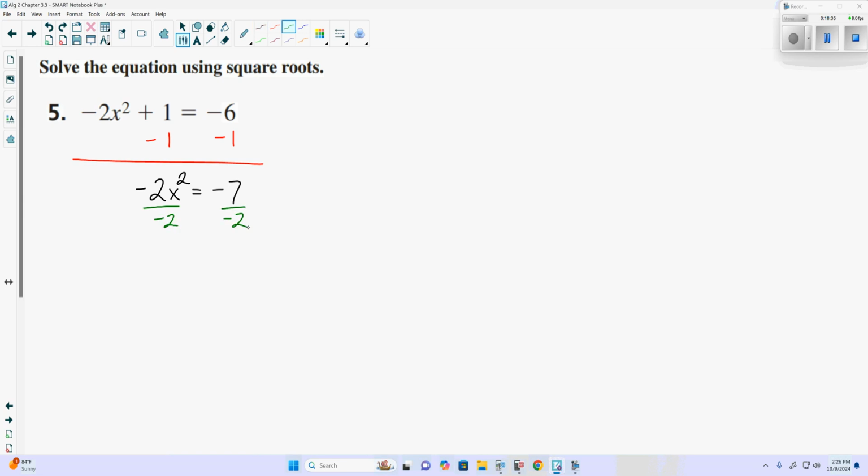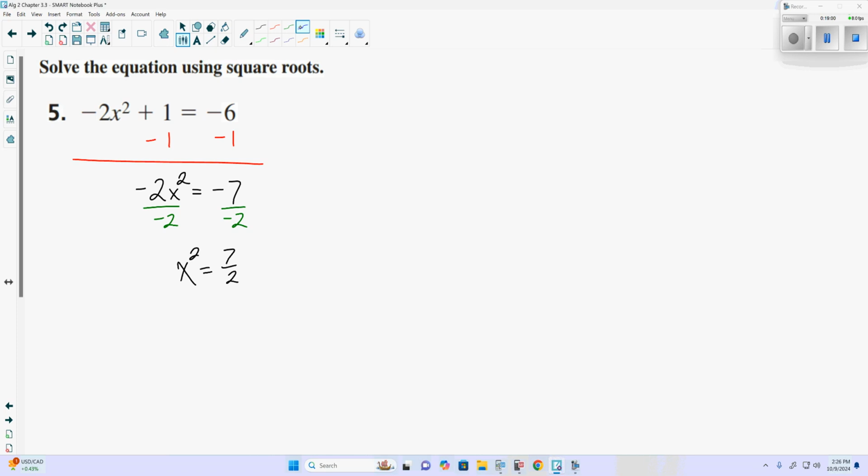And when we divide both sides by negative 2, our negative 2x squared divided by negative 2 is x squared. Negative 7 divided by negative 2 is 7/2. We could turn it into a decimal, but it's going to be easier to reduce or keep it in simplest radical form if we leave it as 7/2.